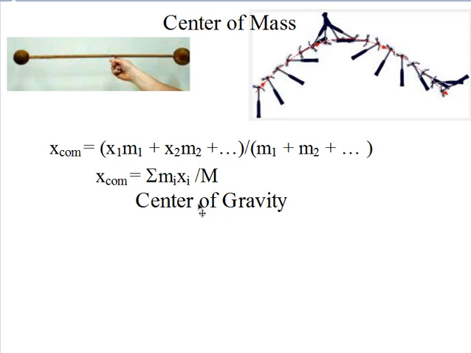Here you would take the location of all of the weights, looking at how much gravity pulls on each point. Look at the weight at each point, and weight each point by how hard gravity is pulling on it. That gets you center of gravity, which is a term we use a lot. Very, very close to the same, but not identical.